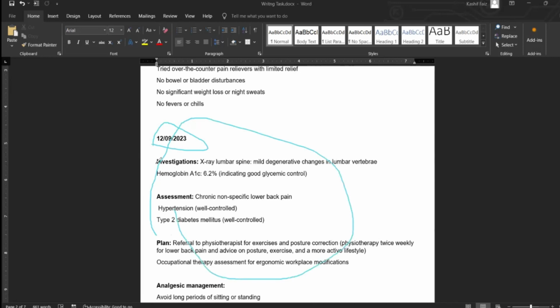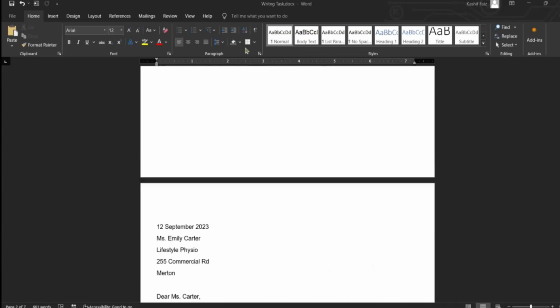So it's understood that this patient has presented to you for the very first time, and this is the date that you have been given in the letter, and this is your investigation and assessment. So in these scenarios, you have to mention the date. Otherwise, if you are taking the exam on a certain day, you have to mention that date.